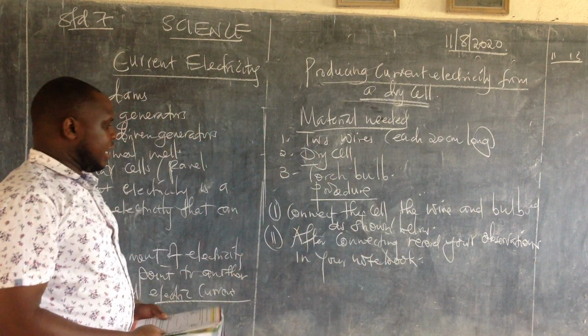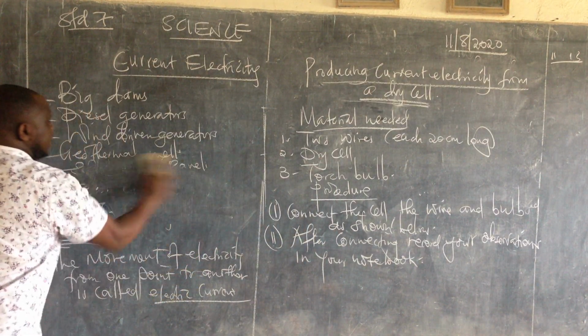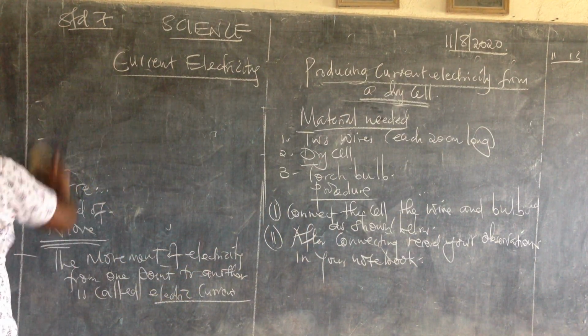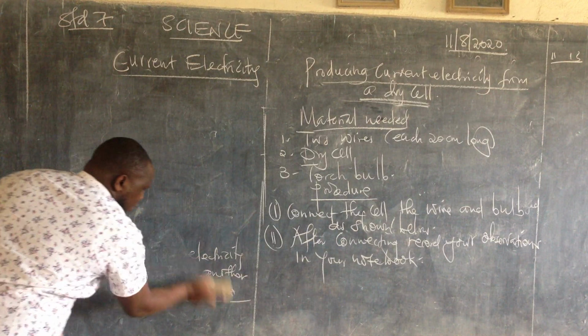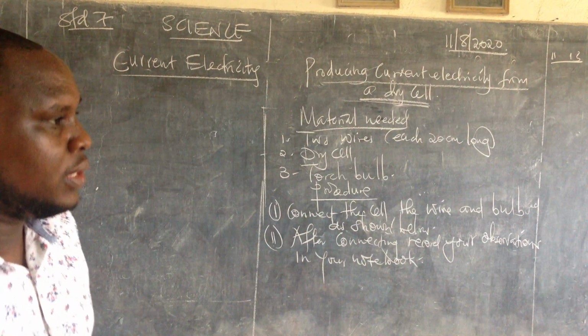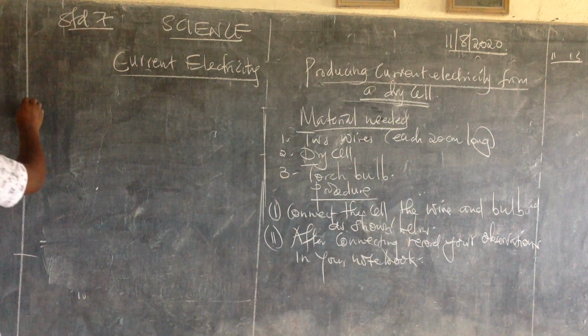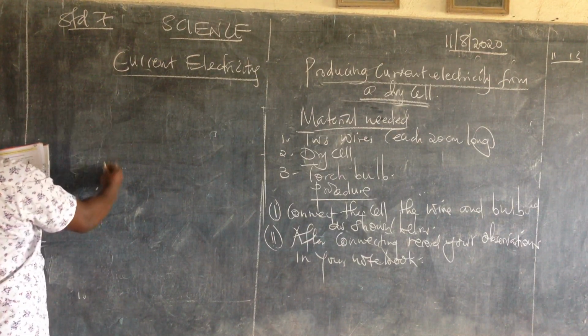Let's see what the diagram will look like, because whenever you're carrying out an experiment, you must have a diagram, and the diagram must always be labeled. So I'm going to sketch for you the diagram that you'll get after doing this kind of connection.